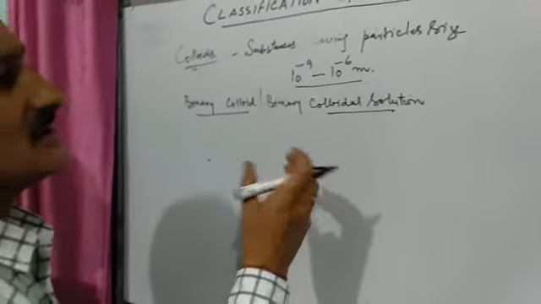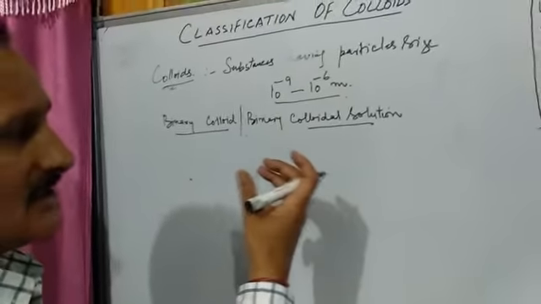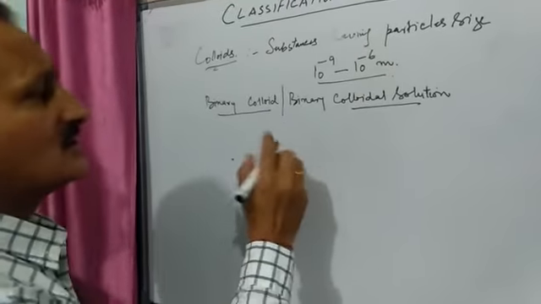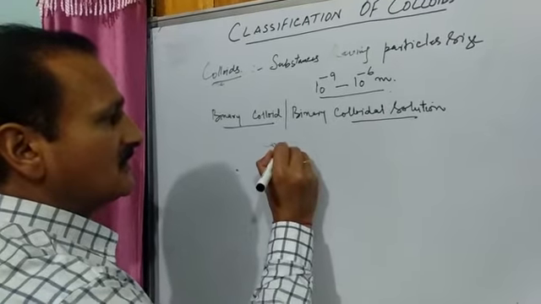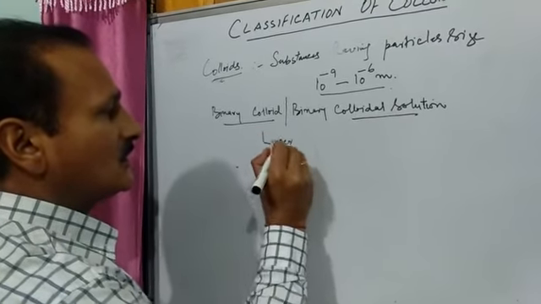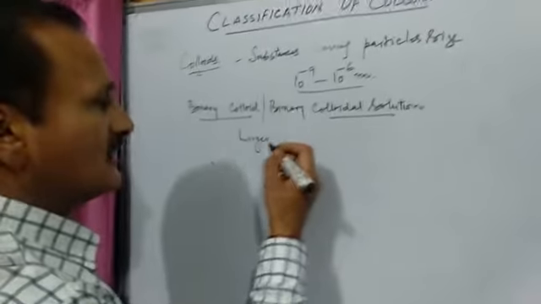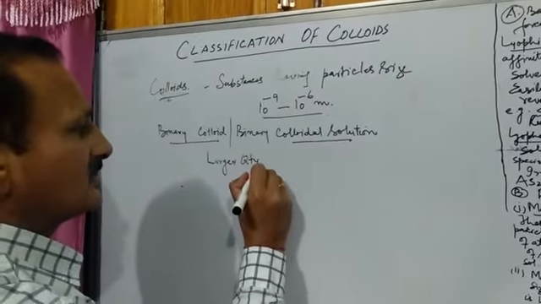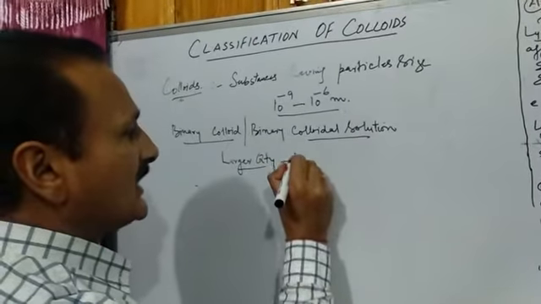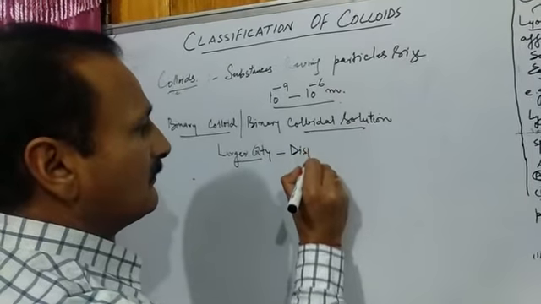Now, since a binary colloidal solution has two components, the component which is taken in larger quantity, that is, the component which is present in larger quantity in that colloidal solution, is known as dispersion medium.